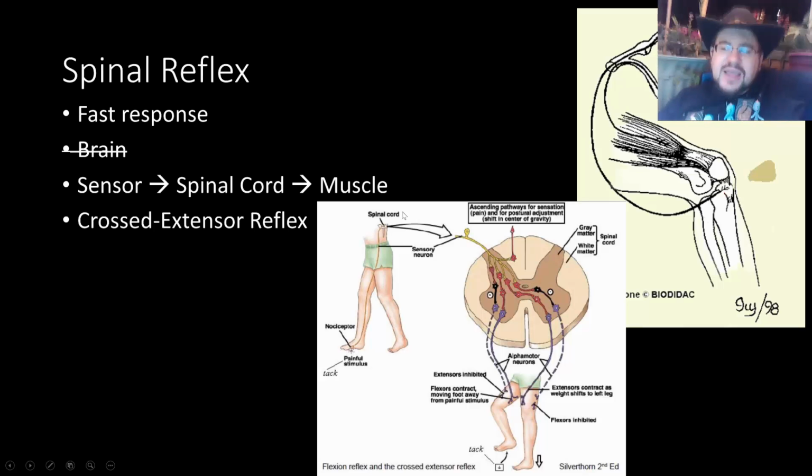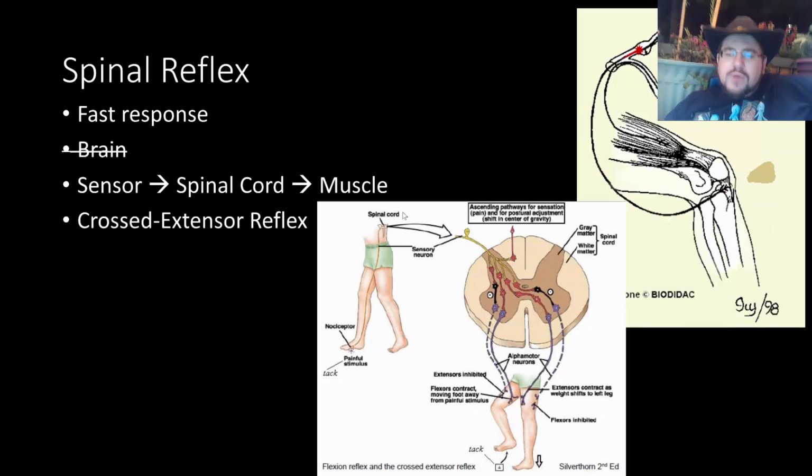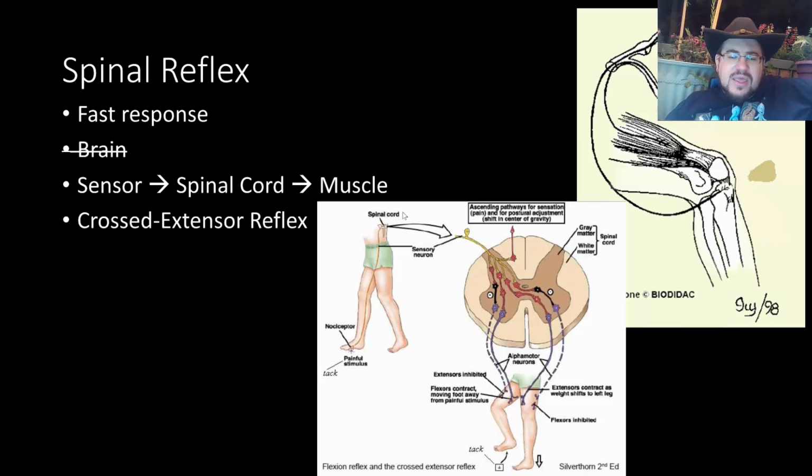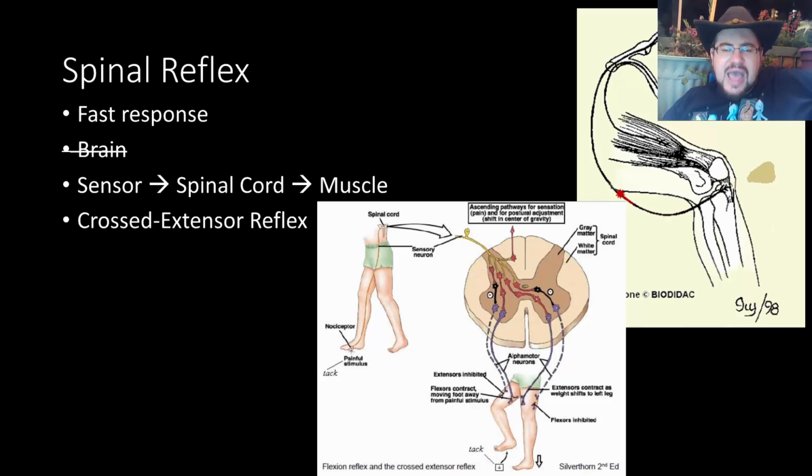The crossed extensor reflex is a little more complicated. It involves both sides of the body, both legs. So basically, if you're walking along and your left foot, your left bare foot, steps on glass, right? The damage information, the pain information is all sent along to the spinal cord, and then the spinal cord can take that information and immediately generate a response in which you lift your foot off of the glass.